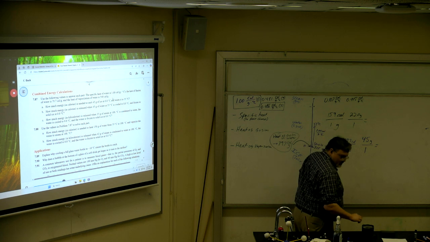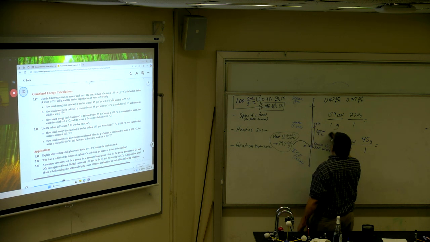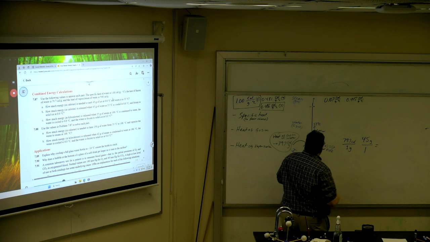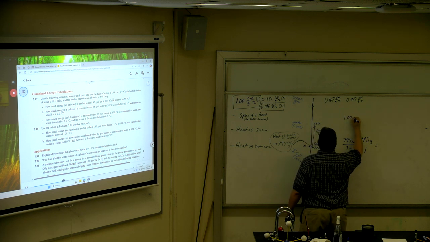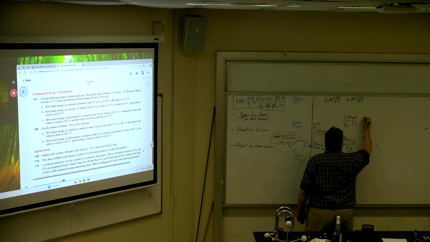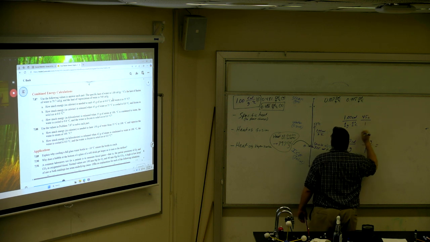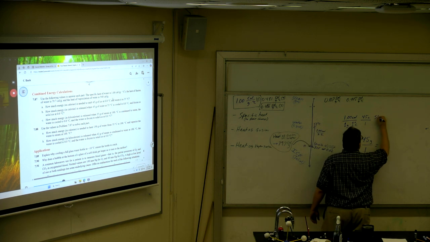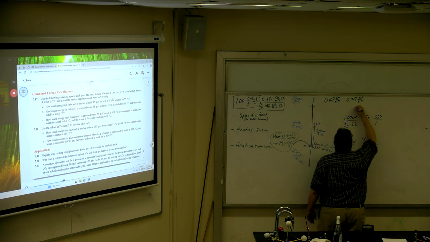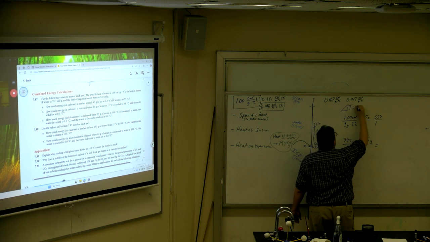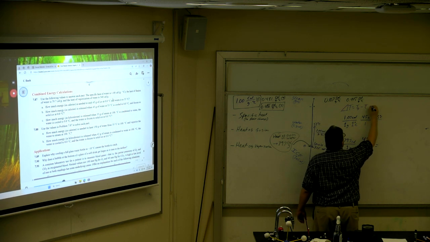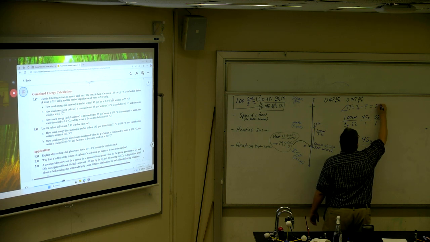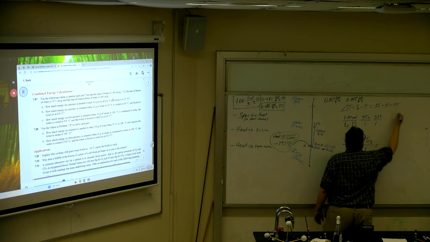And then here, we're going to need the grams, and we're going to need the delta T. 0 to 55 is 55. That is delta T equals T final minus T initial. T final here is 55, T initial is 0, so we get 55 for our delta T.